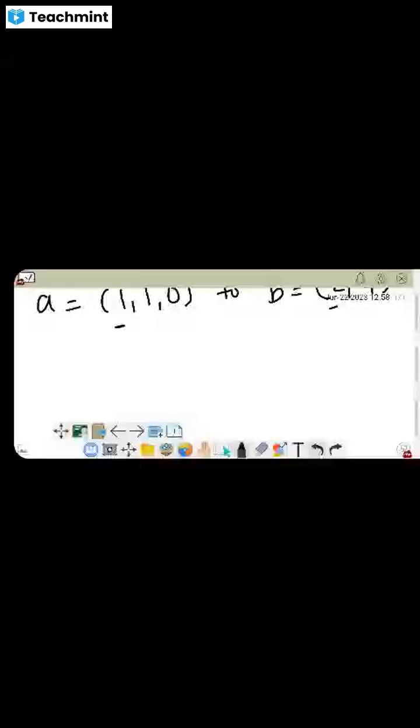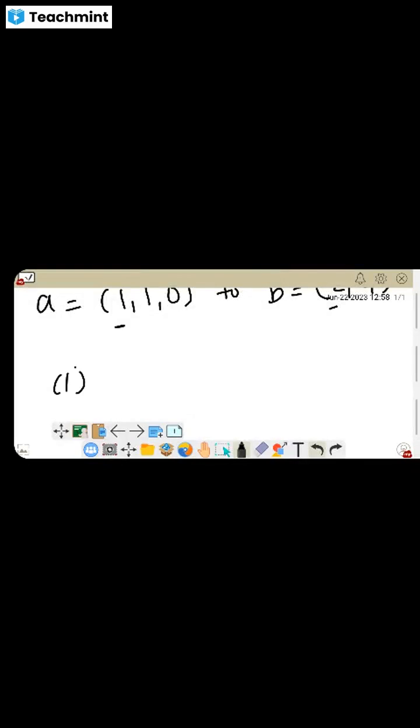So let's do this. If you are choosing the x-axis, then take dy and dz equal to 0, because we are not taking y and z. If you are choosing dy, then take dz and dx as 0.